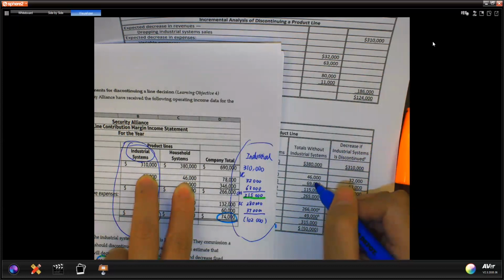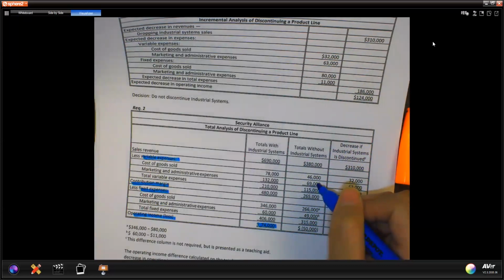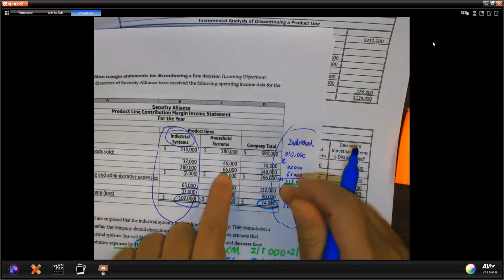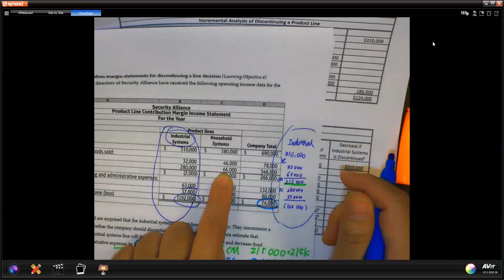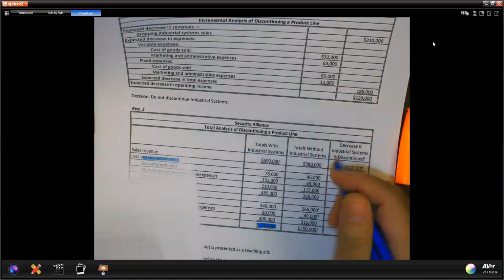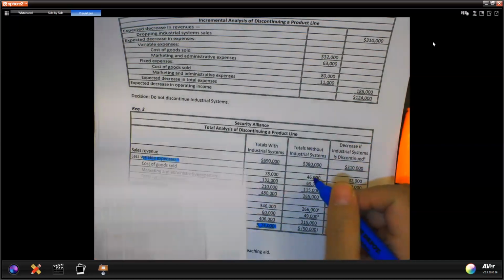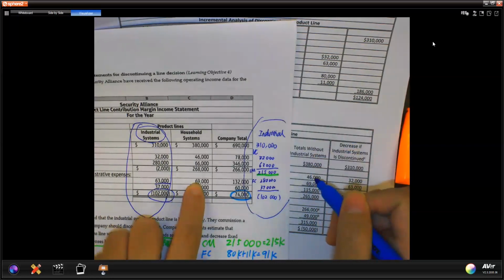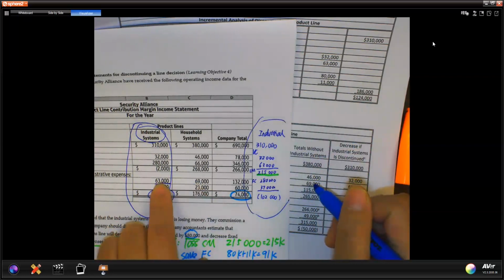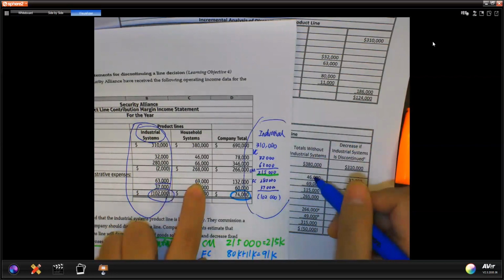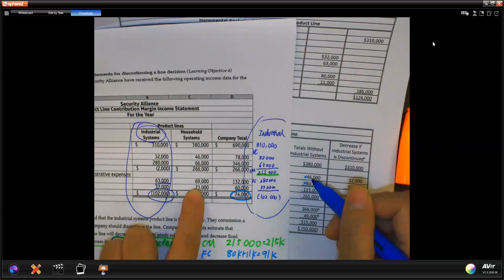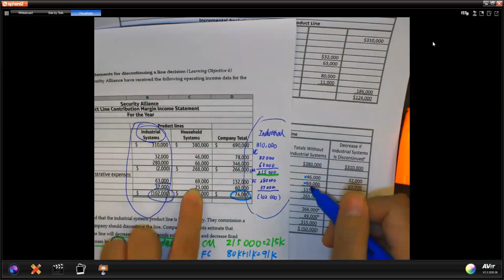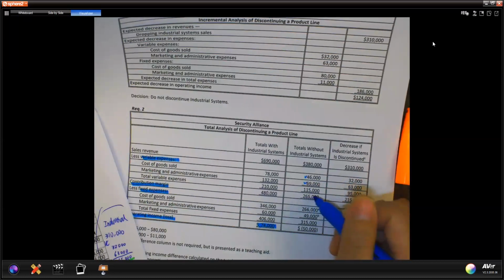And then our variable marketing is 69,000. Your industrial will be zero. So this is just your household variable manufacturing and your household variable non-manufacturing, which gives your total contribution margin 265,000.